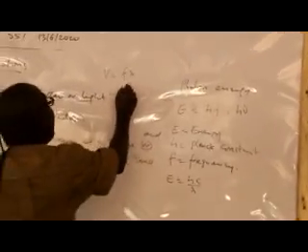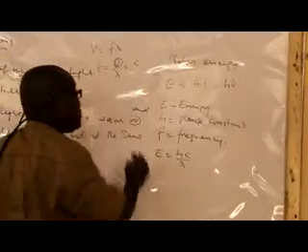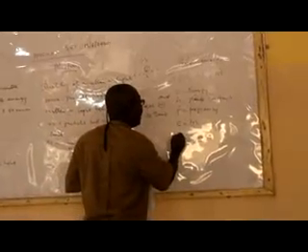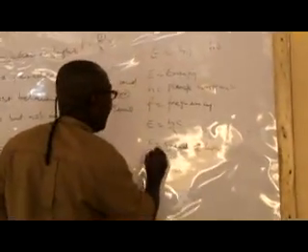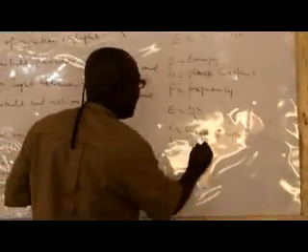But v in quantum physics is c, that's the speed of light. In classical we call it v, in quantum we call it c. So from here, c is the speed of light and lambda is wavelength.